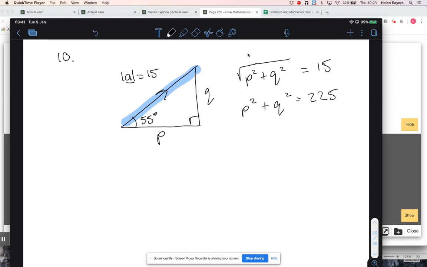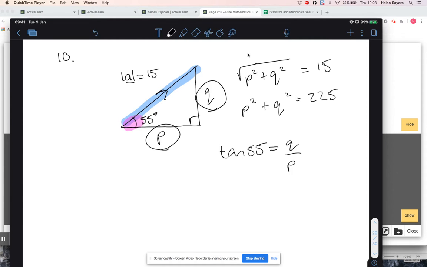Then I also know that if this angle is 55, normally we'd use tan for this. So I could say that tan 55 is opposite over adjacent, and that is two equations and two unknowns.